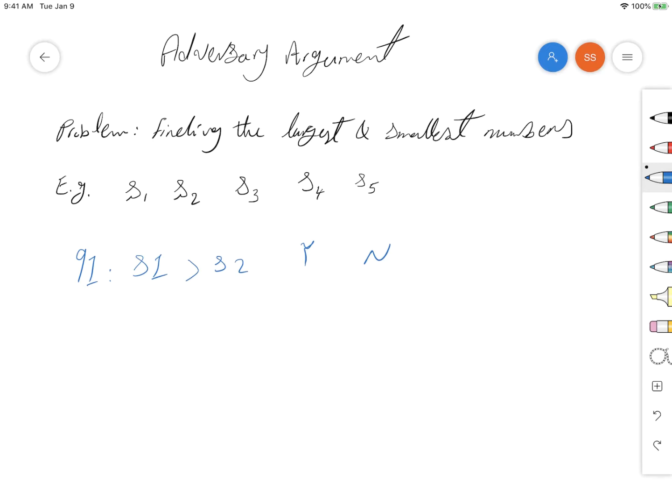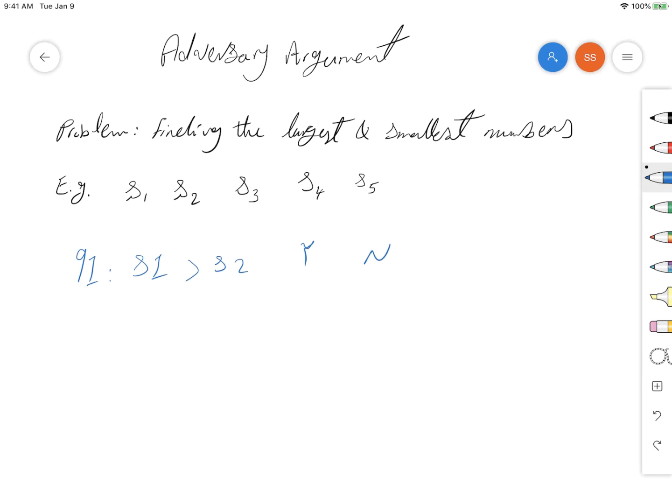We are also having some definition. Let's say that we are calling the winner, in this comparison, the item that has the greater value, and the loser the one that has the smaller value.